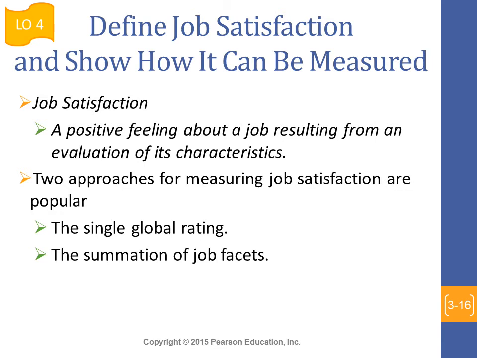In order to measure job satisfaction, there are two approaches mentioned in the book. The first is a single global rating. The second is a summation of job facets, which is related to the different criteria within a certain job, and the measurement is about a person's perception of those criteria within that single job.